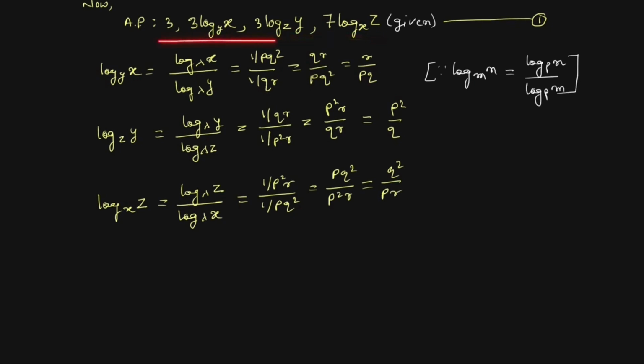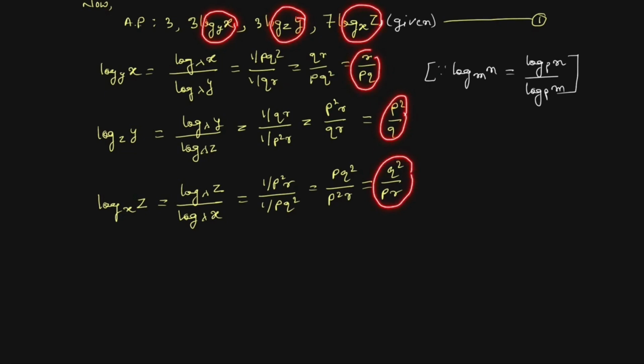Therefore, this AP we are able to write as, in the place of this we put this value, in the place of this we put this value, and in the place of this we put this value.